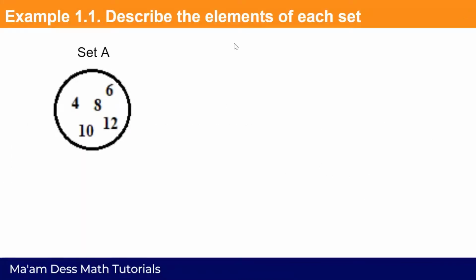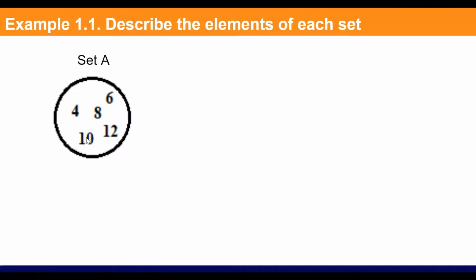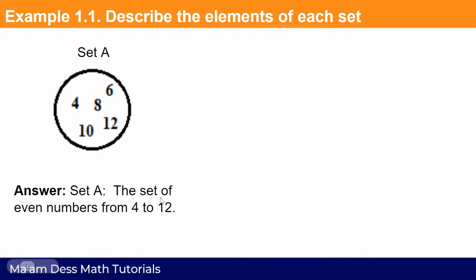Now, describe the elements of each set. Now, what can you say about the elements in set A? So again, those numbers inside the circle, we can call them elements. What can you say about 4, 6, 8, 10, and 12? Okay, let's find out. Set A, the set of even numbers from 4 to 12.